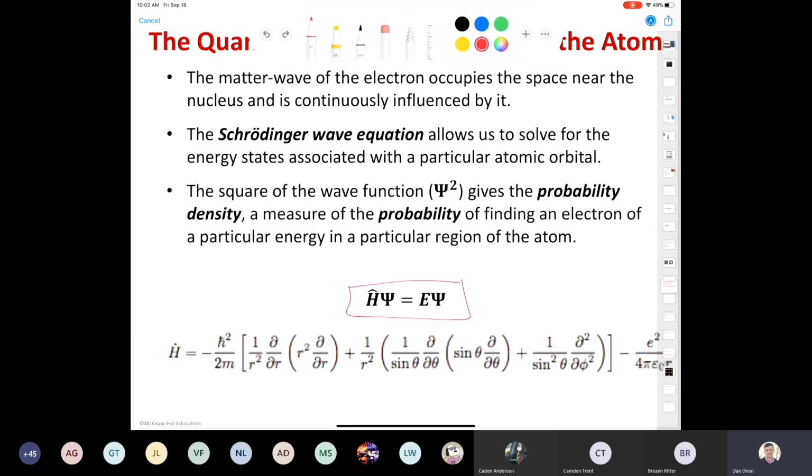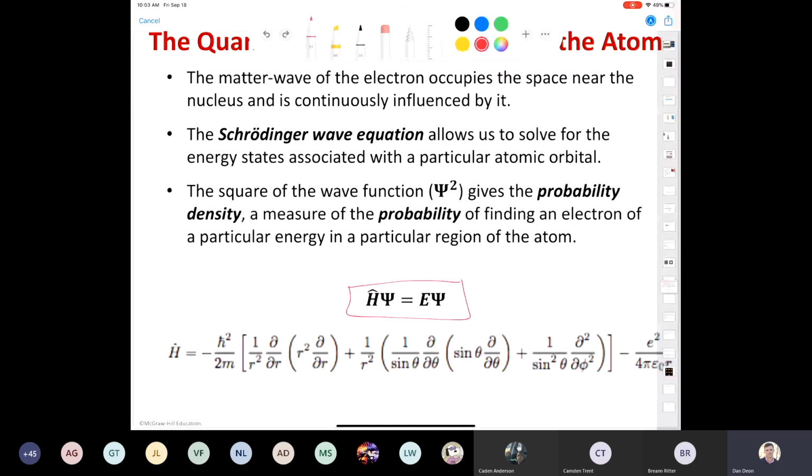Well, the problem with this equation is that this Hamiltonian operator, just this little part here, is represented by all of this. And if you're like, why are we doing this, Mr. D? The reason is that the de Broglie equation and the Rydberg equation for the energy levels of an atom only work for hydrogen.